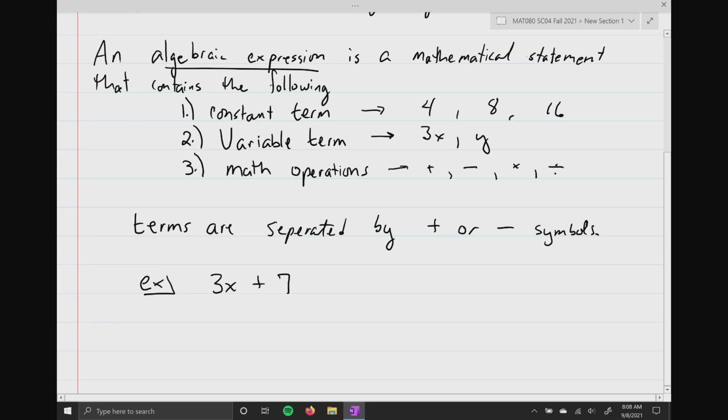So, for example, 3x plus 7 has two terms. The 3x is the variable term. The 7 is the constant term. And like I said, there are two terms there because that plus sign in between them separates them.